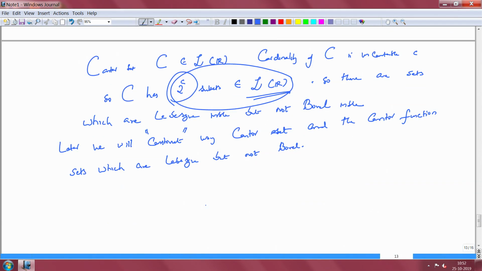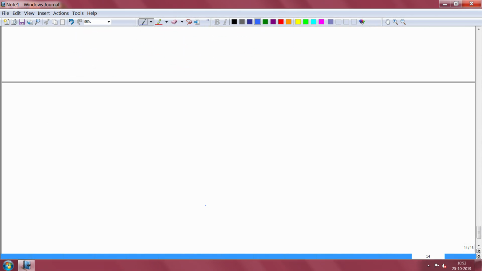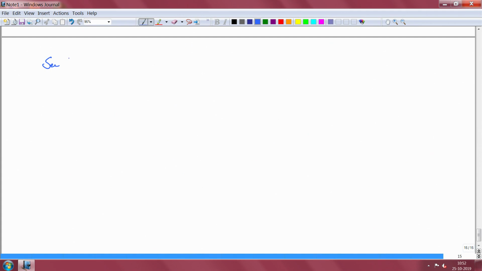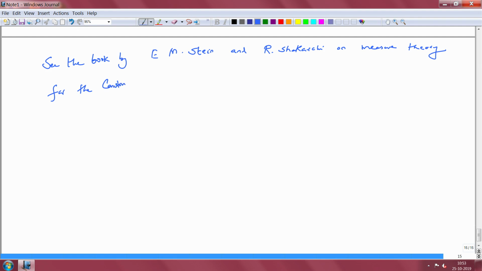I will give you a reference: see the book by E. M. Stein and Rami Shakarchi, on measure theory, for the construction of generalized Cantor sets.